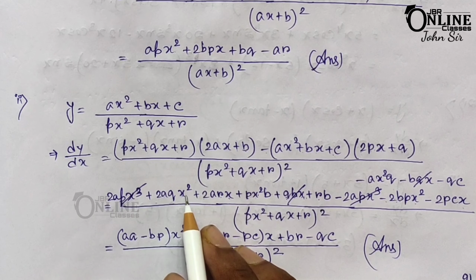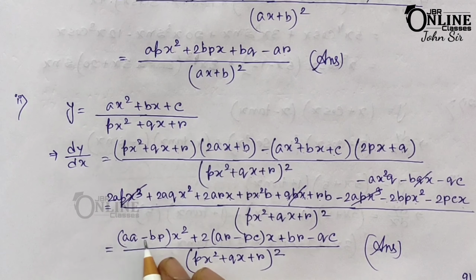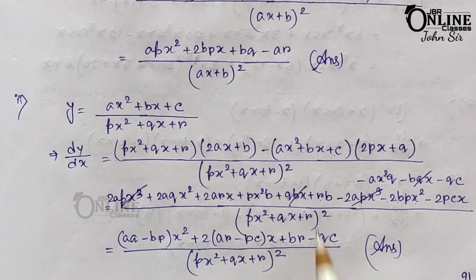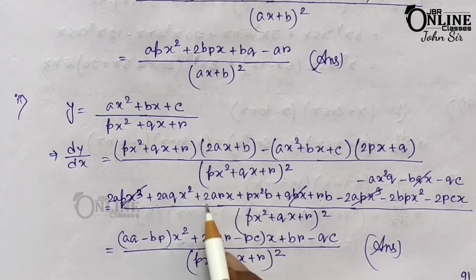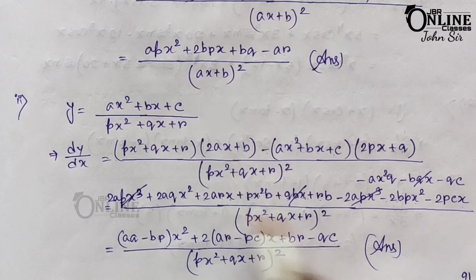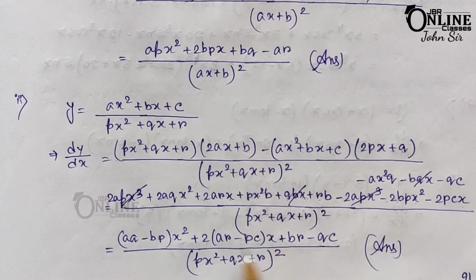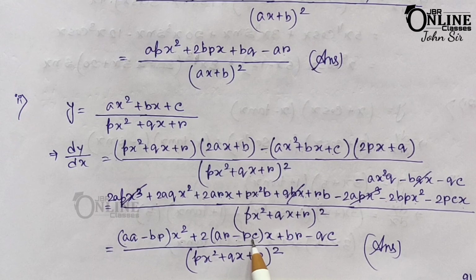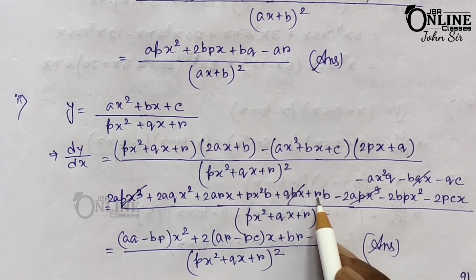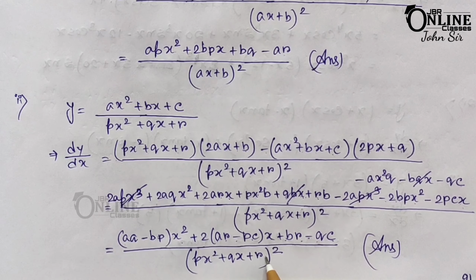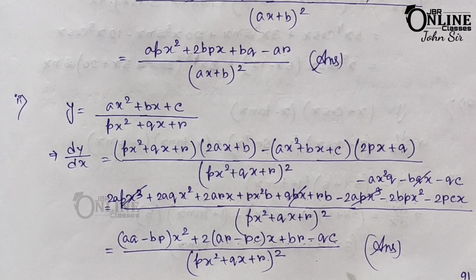If x square is common, then it will be aq minus bp whole x square. Now the next one, you have 2arx and here 2pcx, so if 2x is common, it becomes ar minus pc. And the last one, here br, here qc, so plus br minus qc by the lower one, and this is your answer.